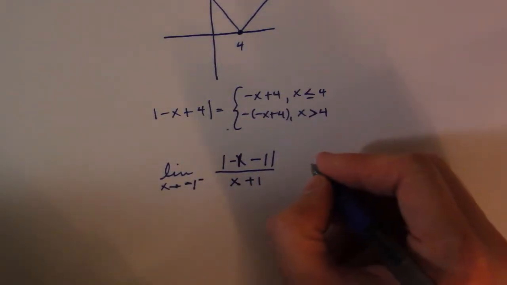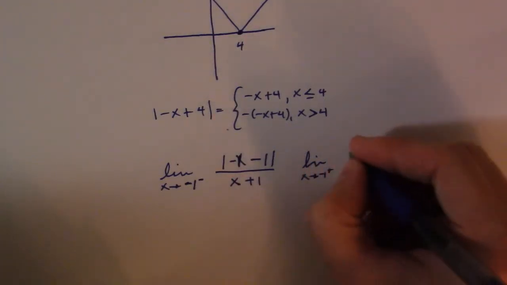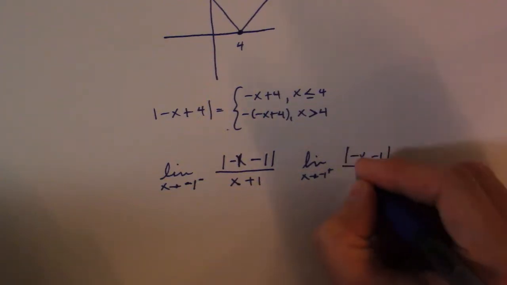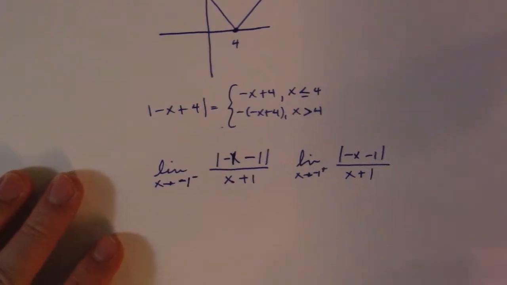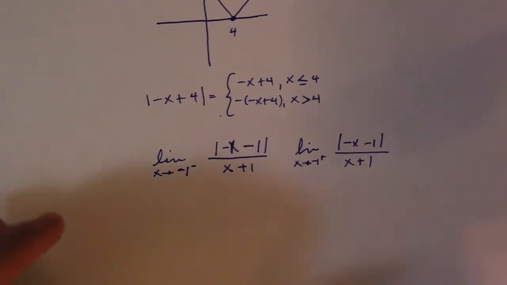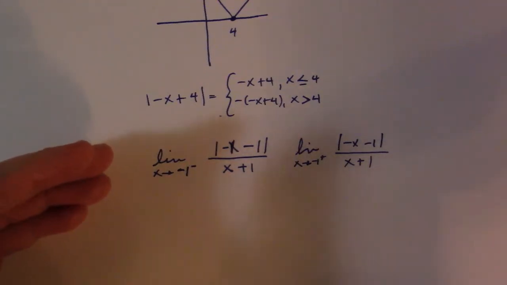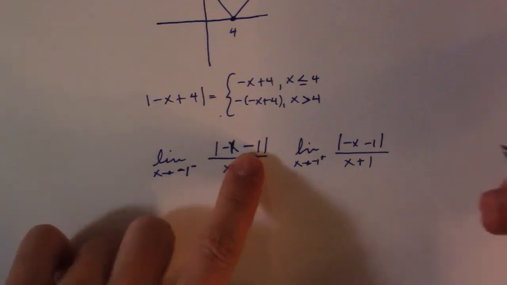And then I have the limit as x goes to negative 1 from the right side of negative x minus 1 all over x plus 1. So hopefully that works out. We have to be very careful about what we choose for, sorry, not our limits, for when we get rid of the absolute value.